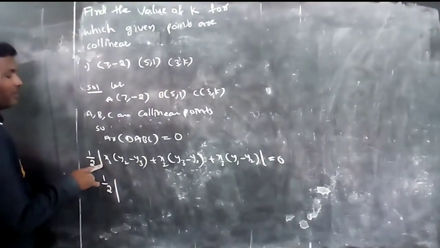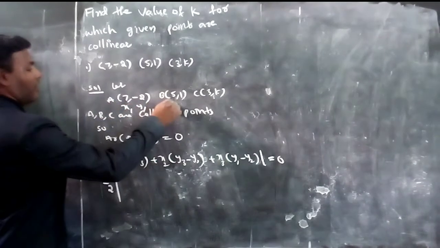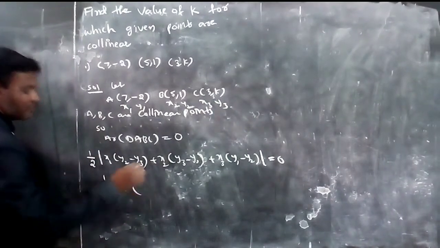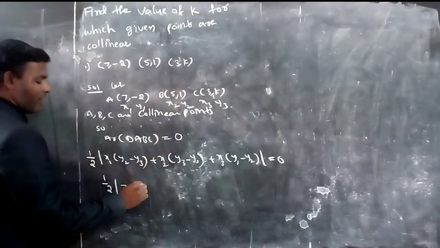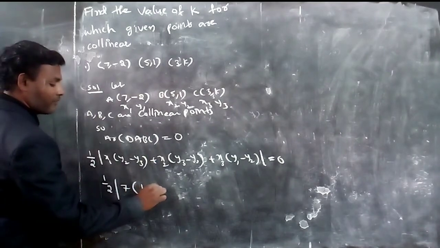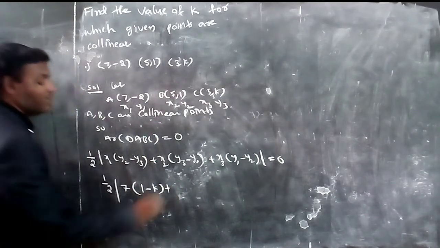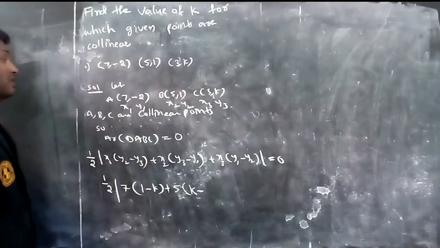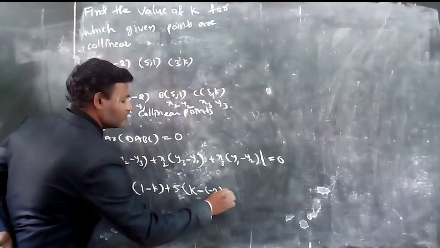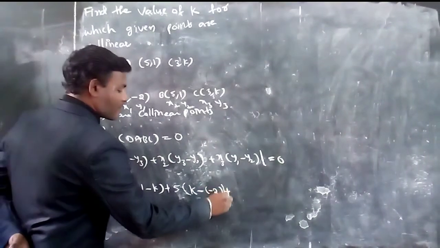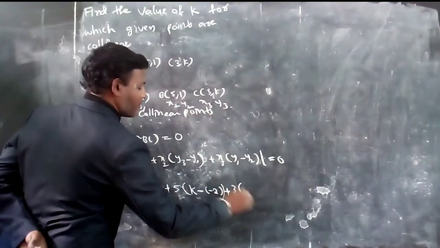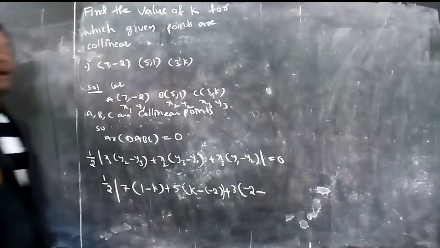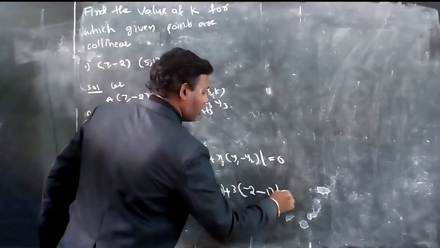1 by 2 mod, let x1, y1, x2, y2, x3, y3. x1 is 7 bracket, y2 means 1 minus y3 k, plus x2 means 5, y3 means k minus y1 means minus 2, plus x3 means 3 bracket, y1 means minus 2 minus y2 means 1, minus 1, is equal to 0.